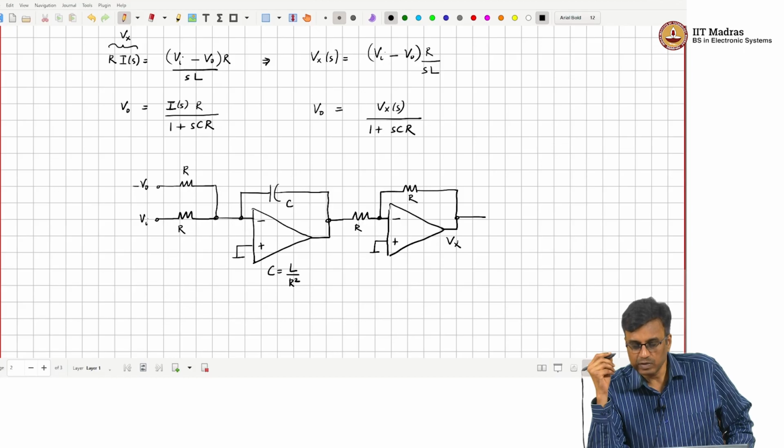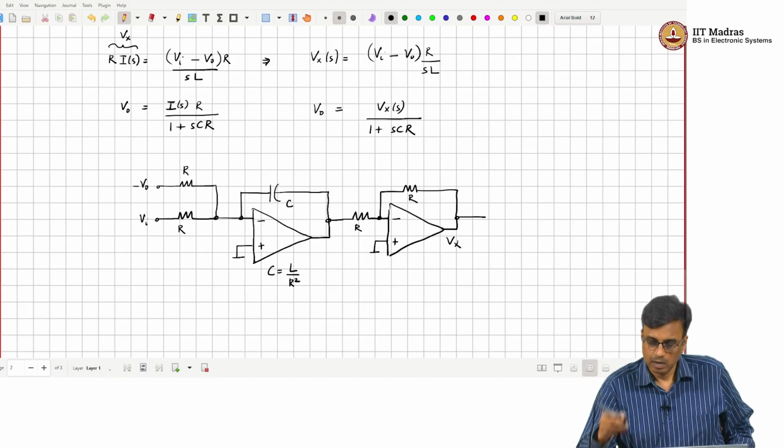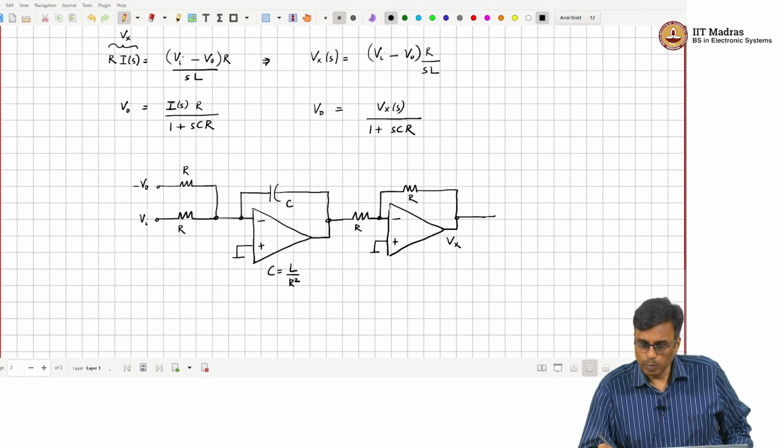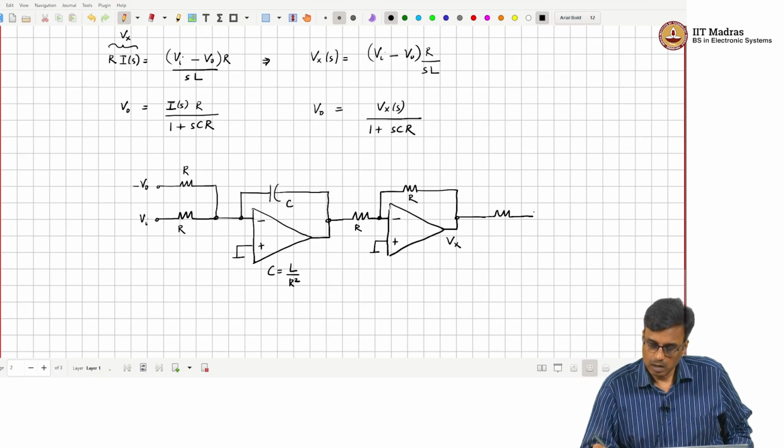Once we have Vx, how do we generate Vo? Low pass filter. Do we know how to make a low pass filter? What is the DC gain of the low pass filter? 1. Okay.